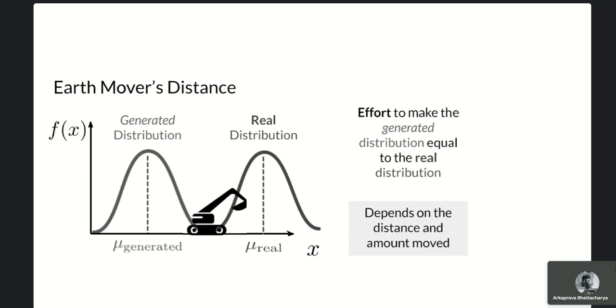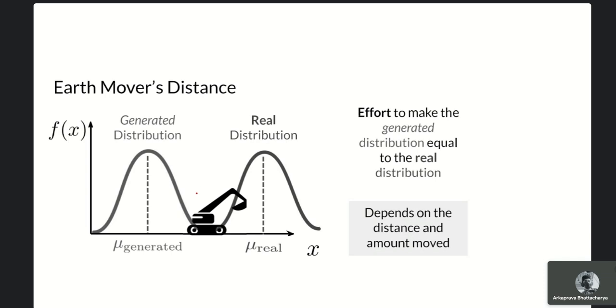So let us take these two distributions. We have the generated distribution on the left side, and the real distribution on the right side. We can see that these two are normal distributions and they have the same standard deviation, but their means are different.